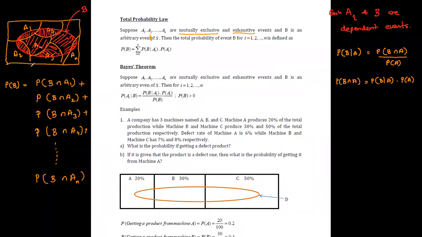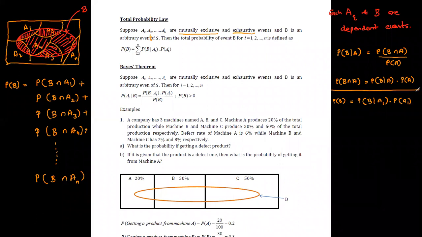If it is a single event A, we define it this way. But now, for each of these Ai, we have to do the same thing. Therefore, probability of B can be written as, for the first event, B intersect A1 equals probability of B given A1 times probability of A1, based on the equation we have used here.